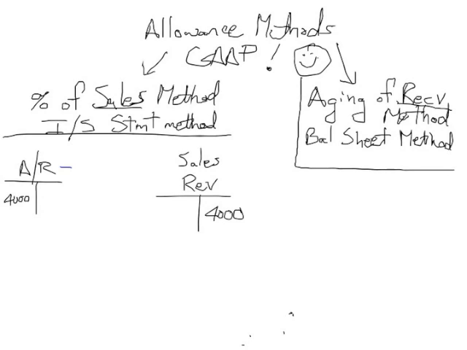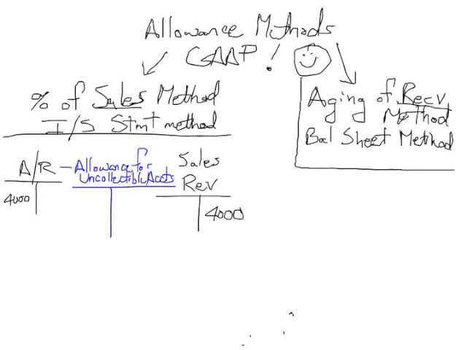This contra account could be called the allowance for bad debts, or the allowance for uncollectible accounts, or the allowance for doubtful accounts. I'm going to use uncollectible accounts, often because that's what a lot of the textbooks use. The allowance for uncollectible accounts.